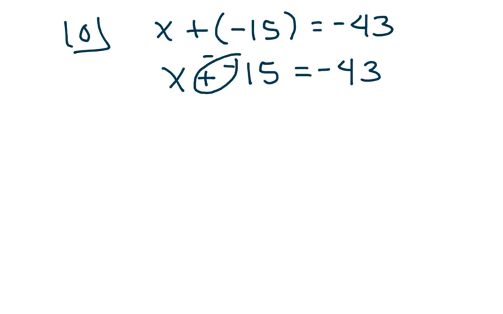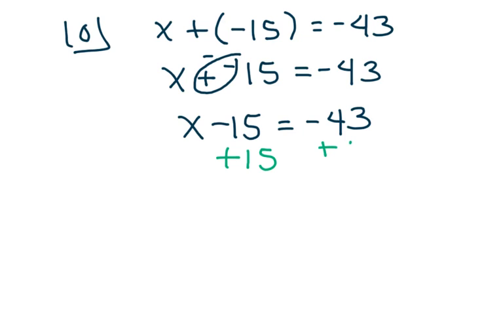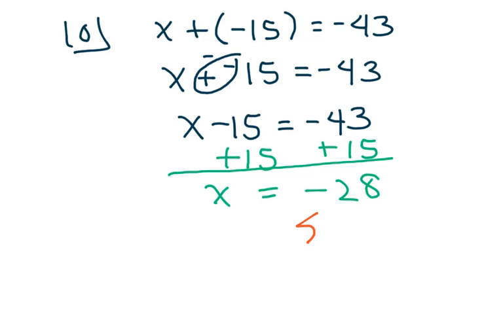So we're going to say x minus 15 equals negative 43. And you add 15 to both sides. And you're going to get x equals negative 28. Or a solution set is negative 28.